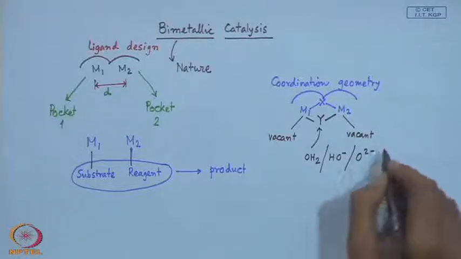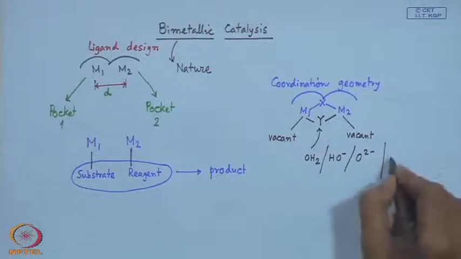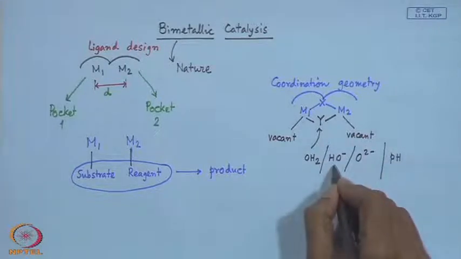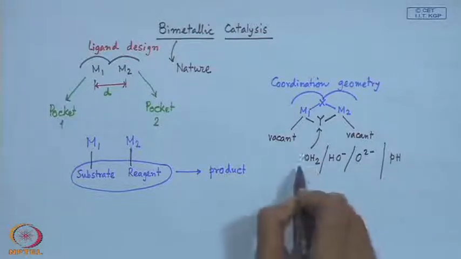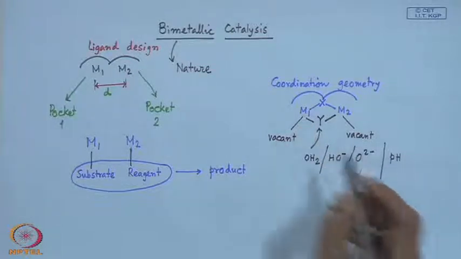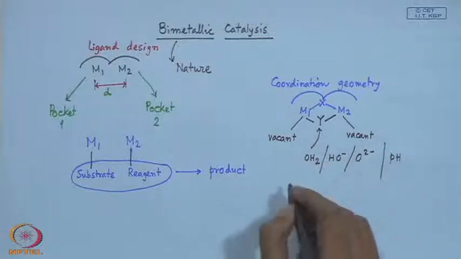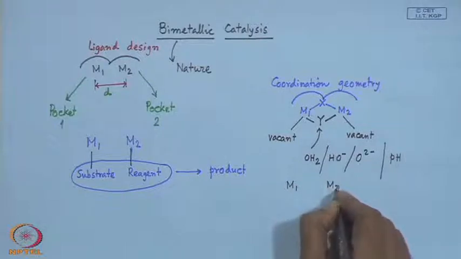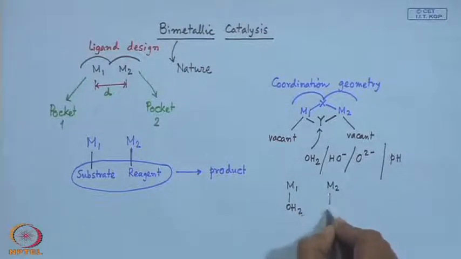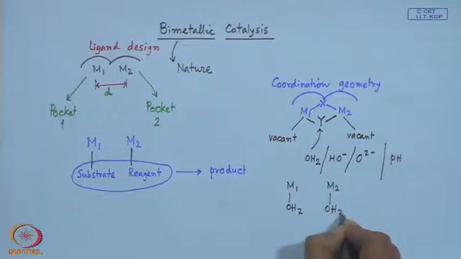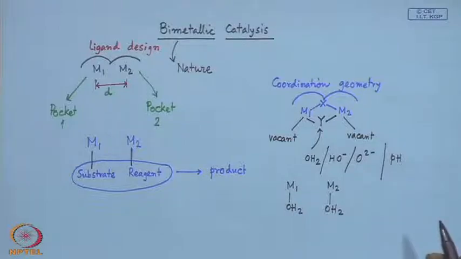And depending upon their protonation level and the pH of the medium, you can move from here to here, or here to water molecule. And interestingly, when you make this, and if it goes for some kind of loose binding on M1 and M2, we will find that if this water bridge cleaves, you get two water molecules bound to the system in monodentate fashion.